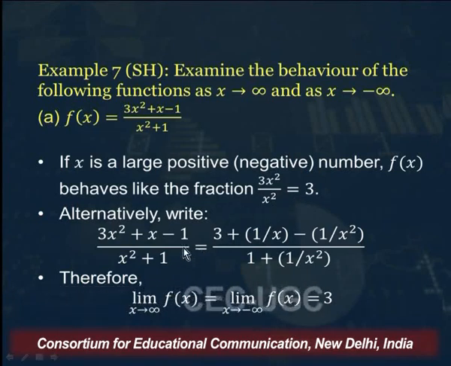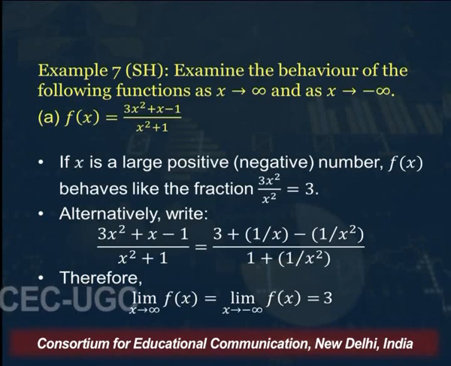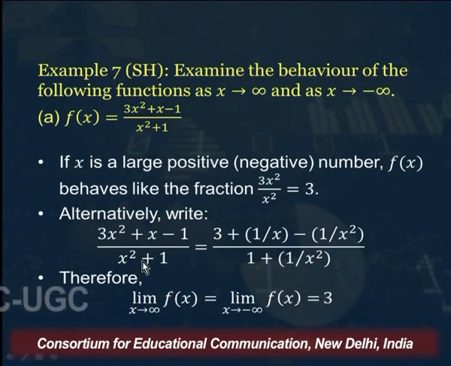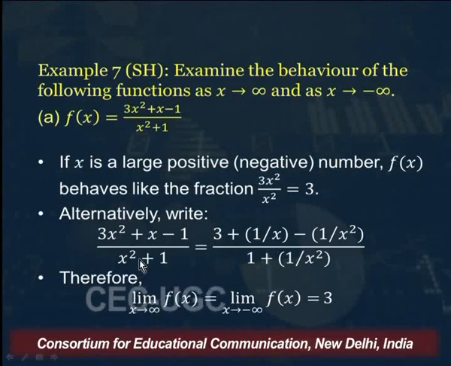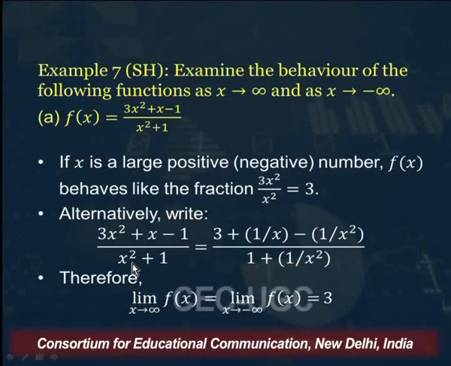Now, mathematically also we can evaluate this limit. The trick here is that we divide both numerator and denominator by the largest power of x in the denominator. Here the largest power is 2, whether in the numerator or the denominator. By dividing both numerator and denominator by the largest power of the denominator, that actually gives us a non-zero limit.